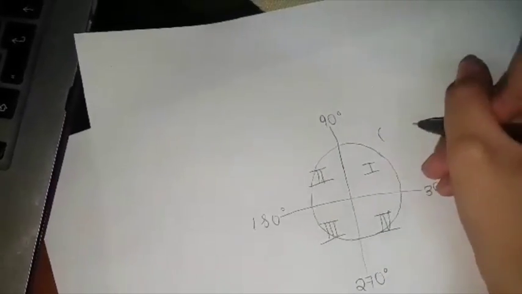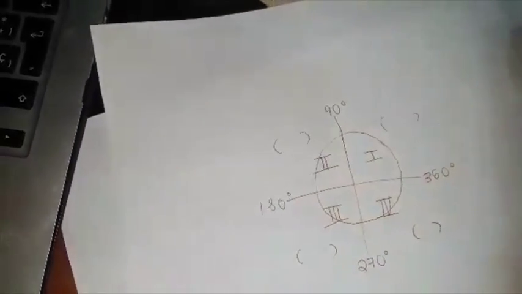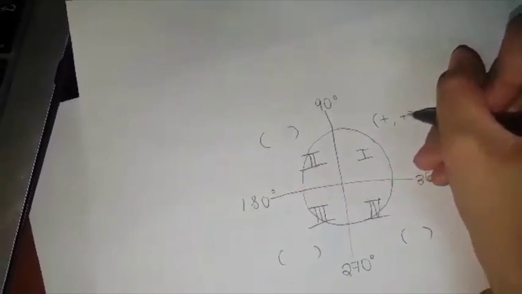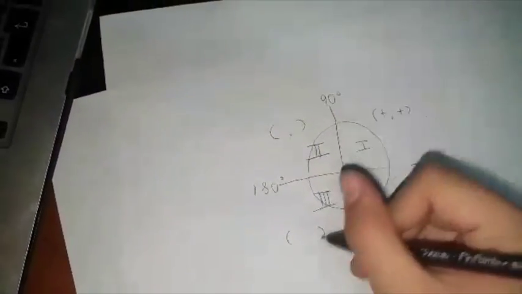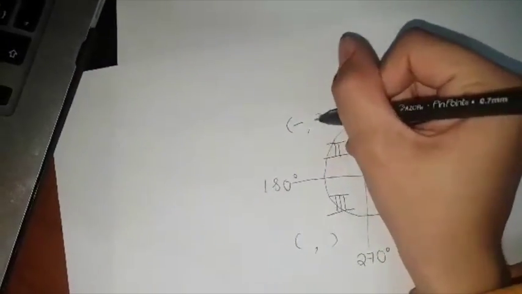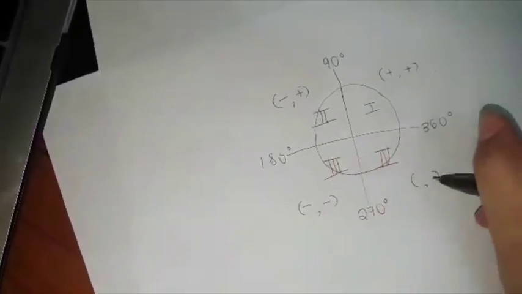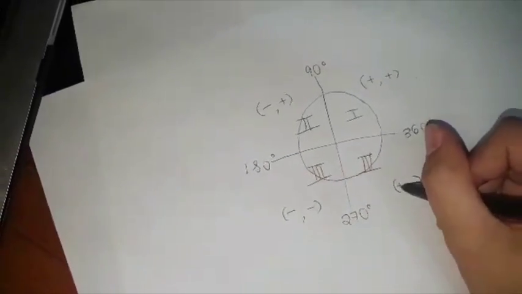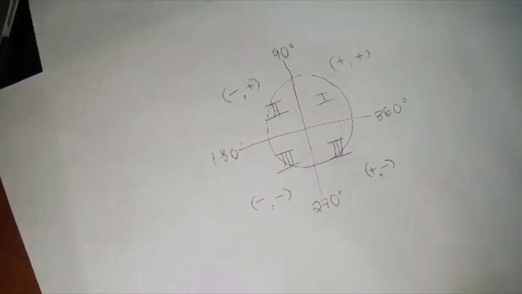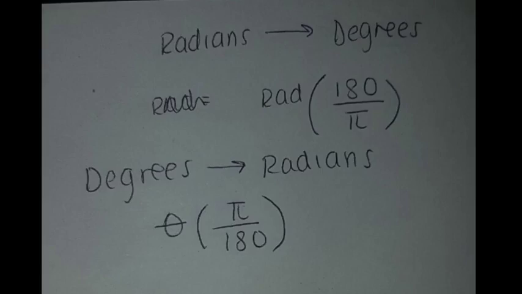Then we're going to know if the coordinates are positive or negative. The first quadrant is positive, comma, positive. The second quadrant is negative, comma, positive. The third quadrant is negative, comma, negative, and the fourth one is going to be positive, comma, negative. This is going to help us to know where the values are located and if they are negative or positive.